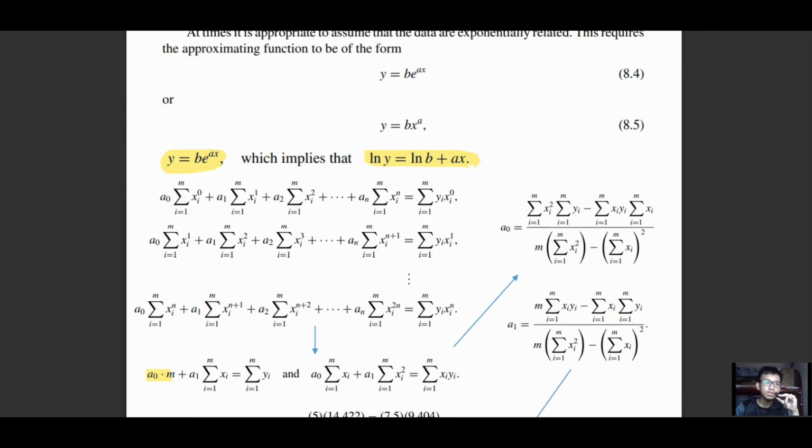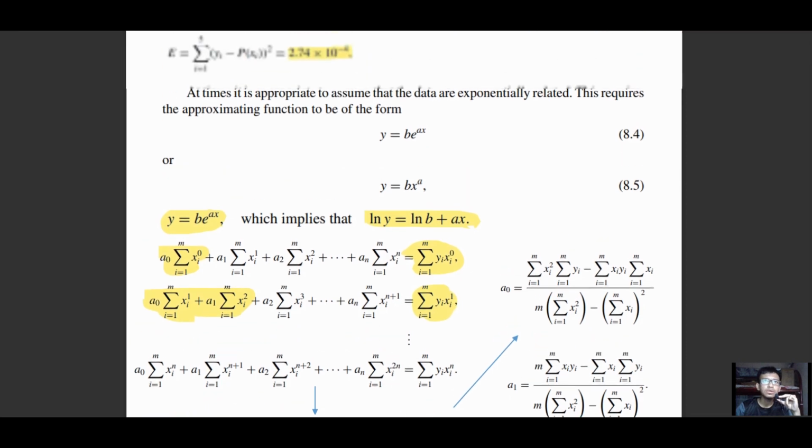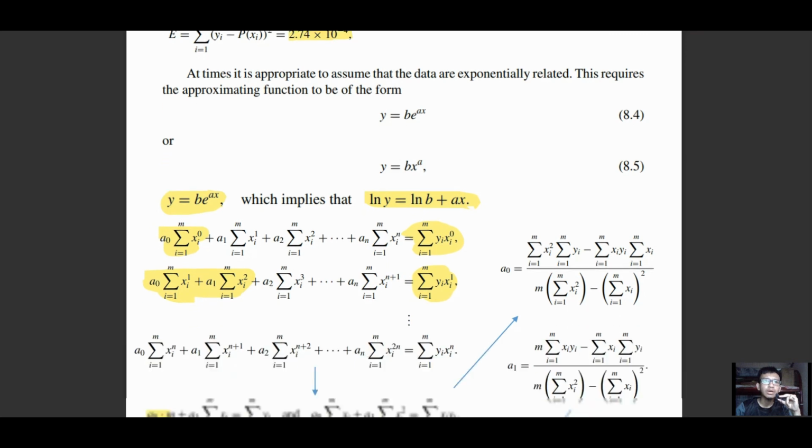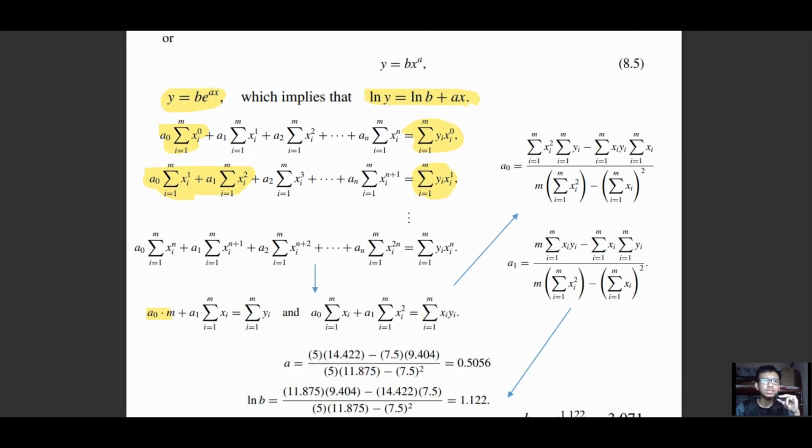So we just only need to take this term, maybe use the highlighter here, and equal to here, equal to this, and this one equal to this. Yes, and m will be equal to whatever data that we have. Yes, this is just for generalization.